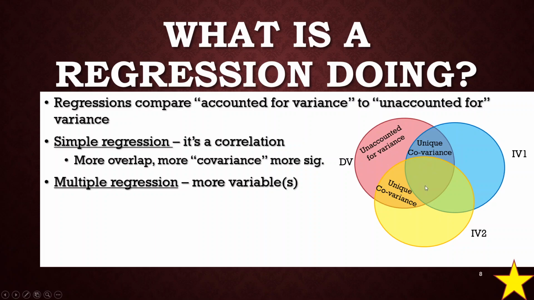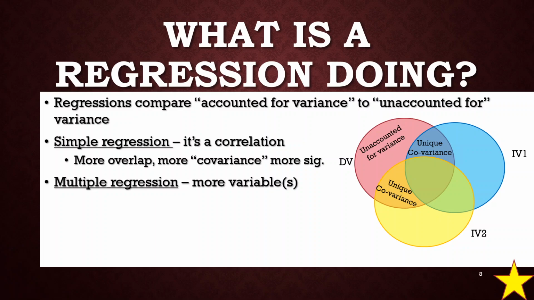This area here, where independent variable 1 and 2 both account for dependent variable variance, is ignored completely. This is because your independent variables are supposed to be independent of each other. So when you run that regression, any overlap between these independent variables is going to be ignored as error.